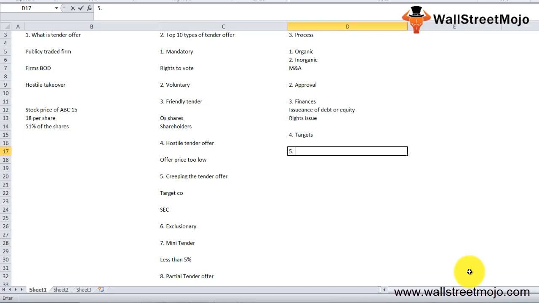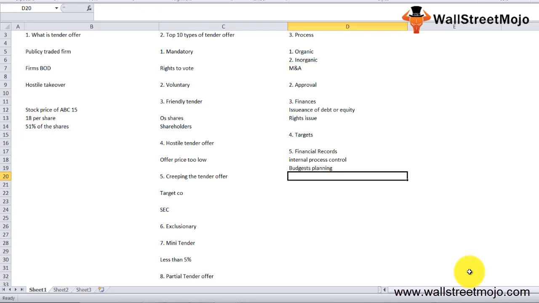This could include examining the financial records of the target company, internal process control, then budgets, planning, and analysis, and contracts with vendors, suppliers, and stakeholders, and examining the insurance policies.